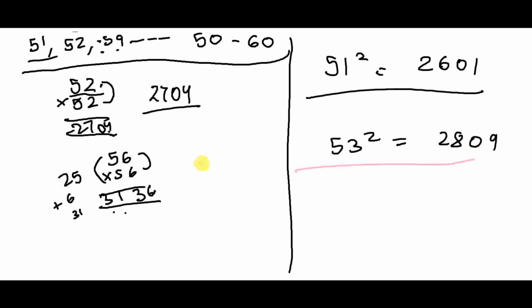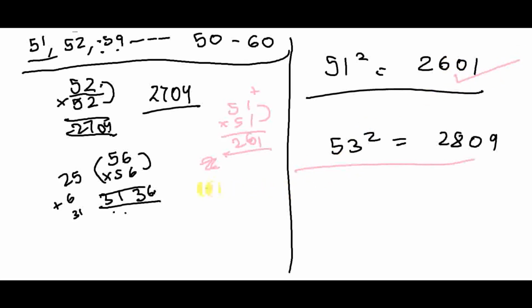Here, 51 into 51. 1 multiplied by 1 is 1. We have to add a 0 behind and then 1. 5 multiplied by 5 is 25. Add 1, 26. As you can see here, the first problem is correct.